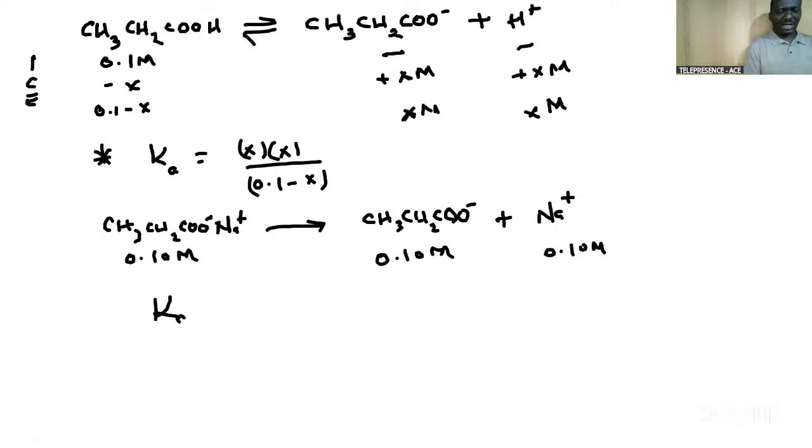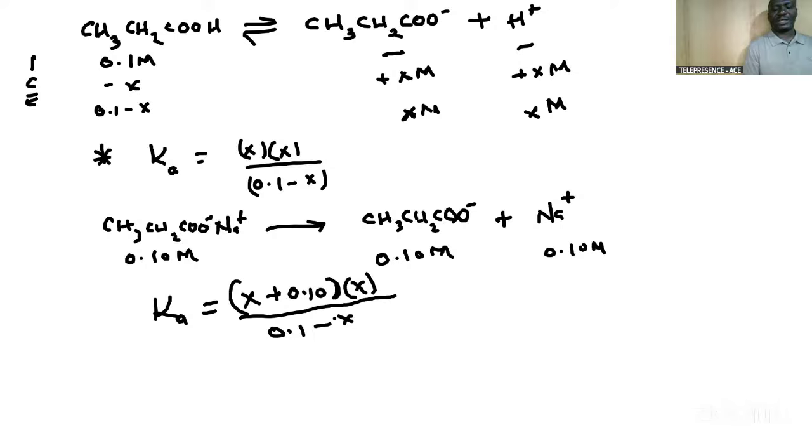Ka now becomes X plus, because you now have two sources of propanoate ion, from the acid itself and from the sodium propanoate. So we have X plus 0.1, then of course you have the hydrogen ion, divided by 0.1 minus X. Now this is what we have in solution.